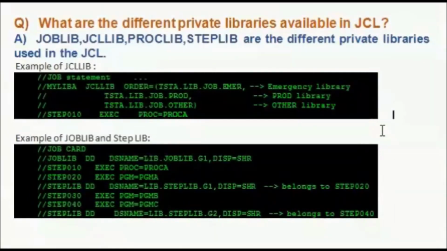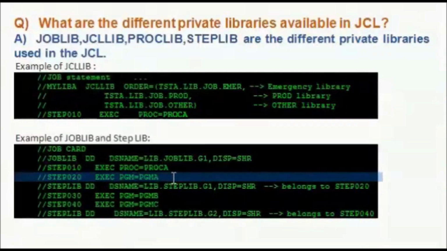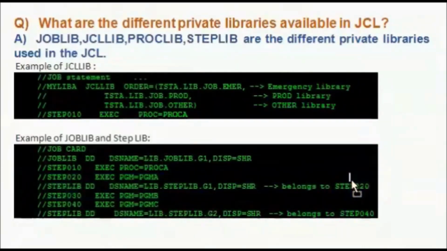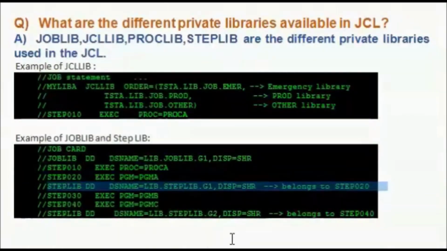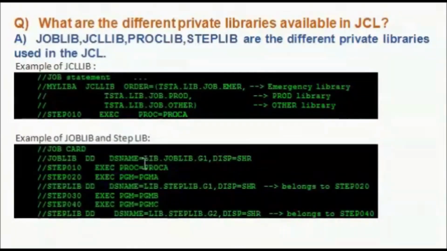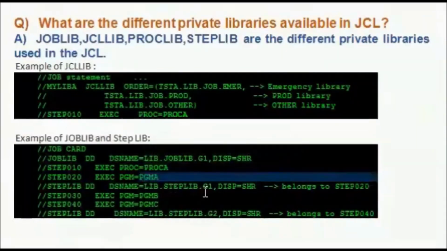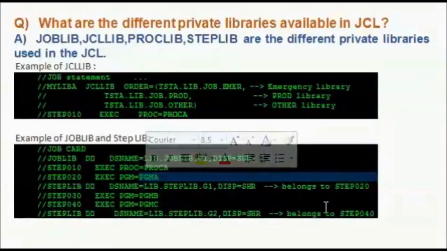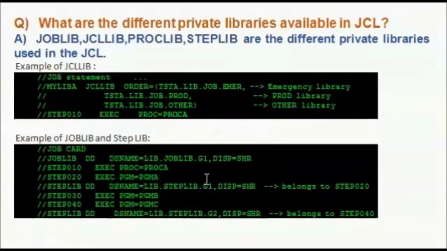Look at step 020. We have a program PGMA to be executed in step 020. When the job starts executing this step, the system will search in LIB.STEPLIB.G1 first. Then it will search in LIB.JOBLIB.G1, which is specified in the JOBLIB. If PGMA is not present in STEPLIB or JOBLIB, then the system will search in the system library.